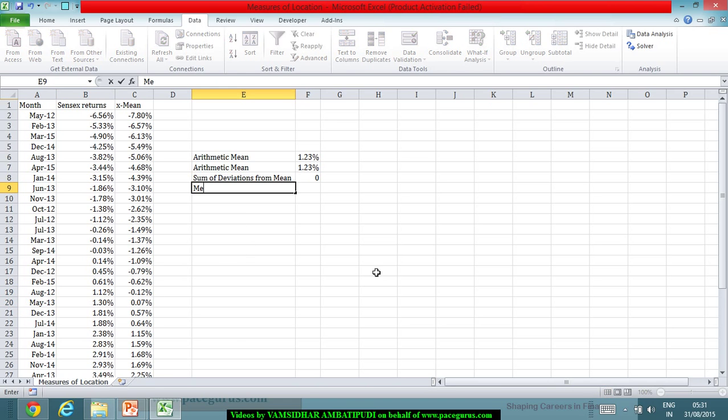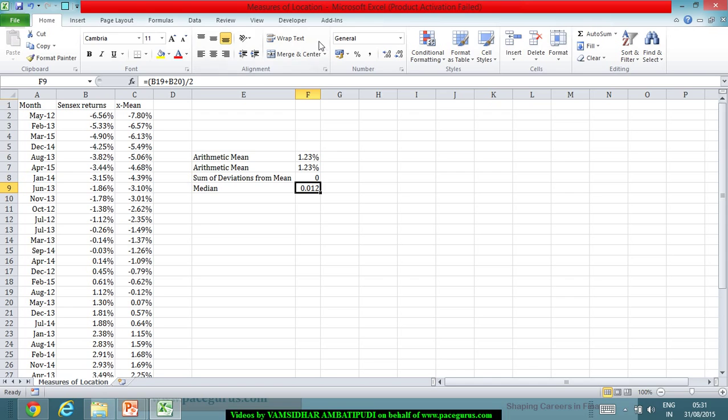If I'm doing the median here, it is nothing but the average of this particular number, 1.12% and 1.3%. So I'm talking about a simple summation of these two numbers and dividing it by 2. So the median in this mechanism is coming out to be around 1.21%.